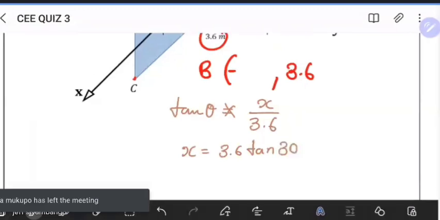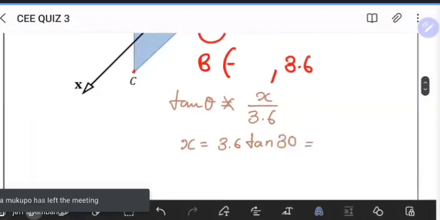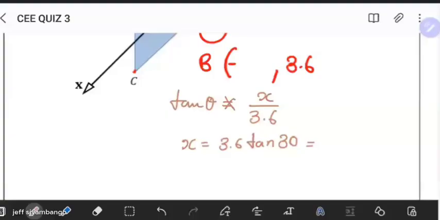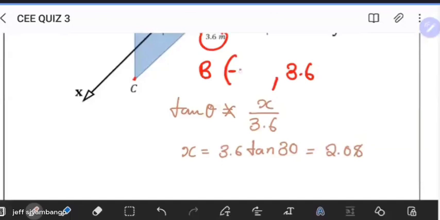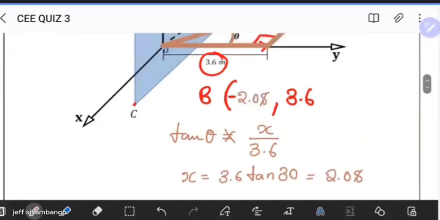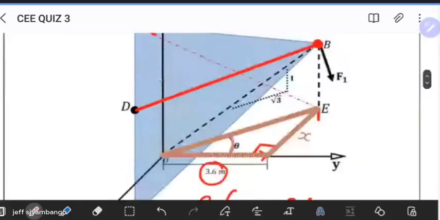What will be the solution to this? Can you try this very quickly? Okay, 2.08. Once you know what x is, remember it is negative, so that's -2.08. Now we need to find z.